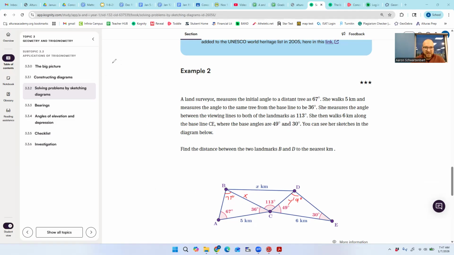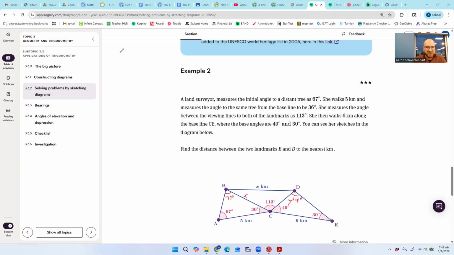So first thing, X. So sine 77 over 5 equals X over sine... I should just do this the other way so X is on top.